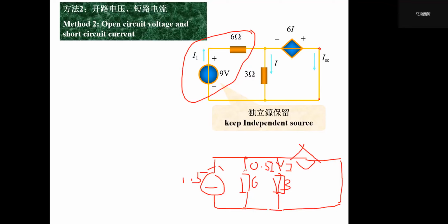So I equals 1, and 6I equals 6 volt. So this one is 6 volt, right? So we can calculate.